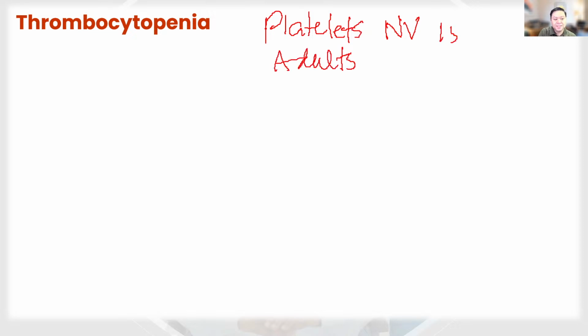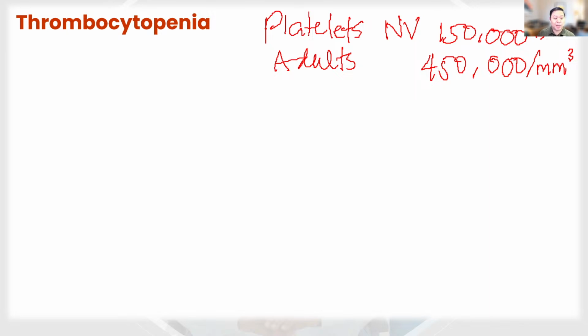That is about 150,000 to 450,000 per cubic millimeter, okay? So if there is a significant drop in the platelets, there's going to be a problem with bleeding.